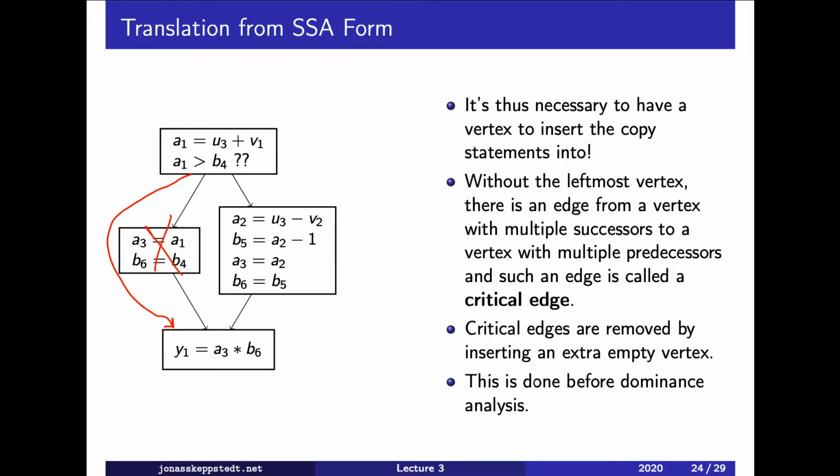Then we would perhaps insert A3 set to A1 here, but that's wrong. We might want to set it before the conditional branch so that it's certainly executed, but we don't want to execute it if we go in this direction.